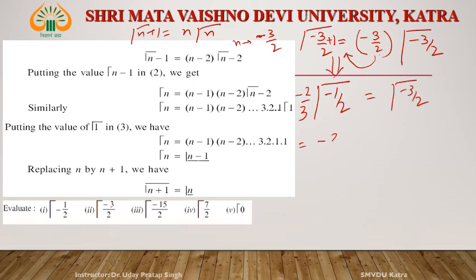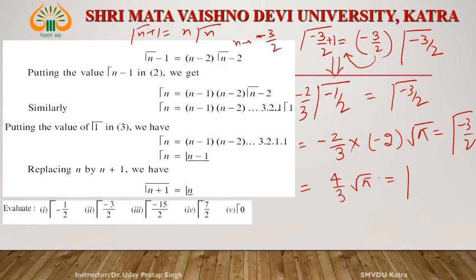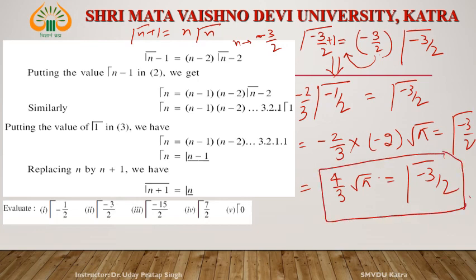Now gamma of minus 1 by 2 is minus 2 into square root of pi. Then gamma of minus 3 by 2 is equal to 4 by 3 square root of pi.